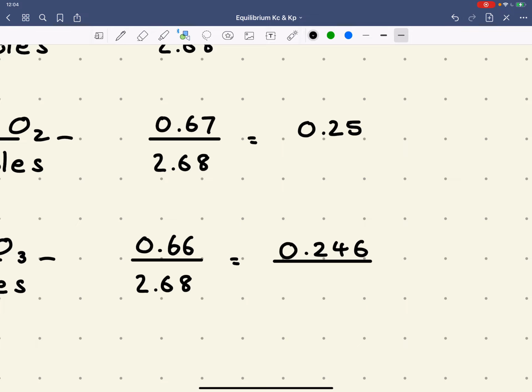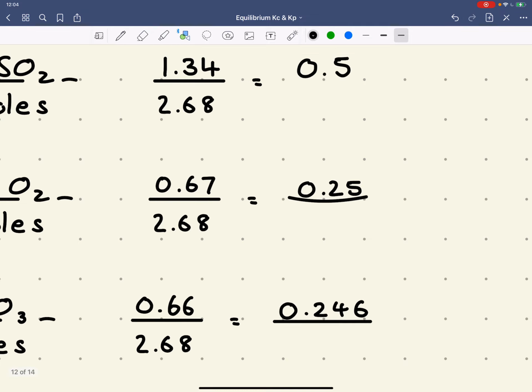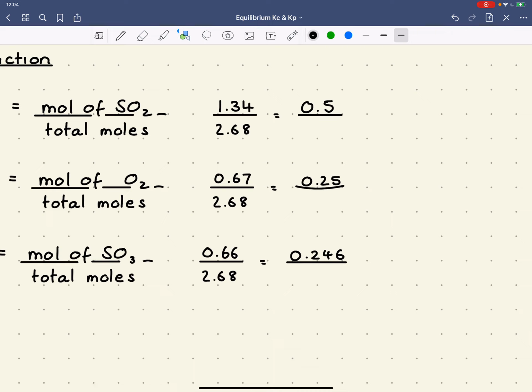So these are my mole fractions, and these should add up to 1. I think it's just slightly under. I think it's because in reality these should both be 2/3, both 0.66 recurring.